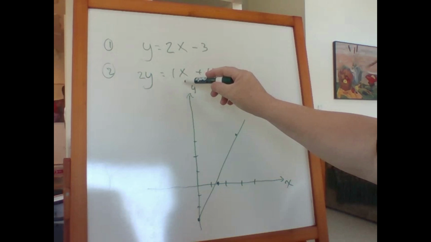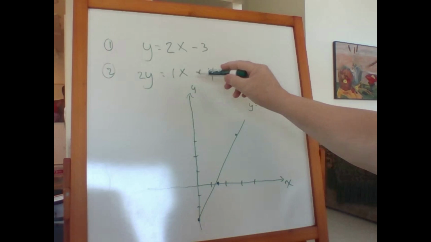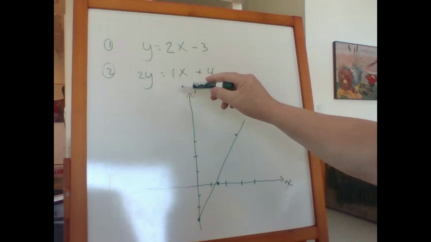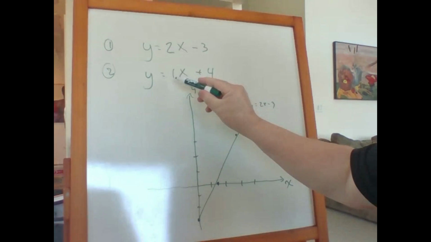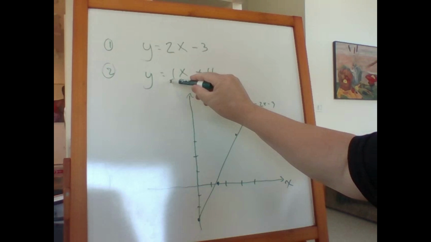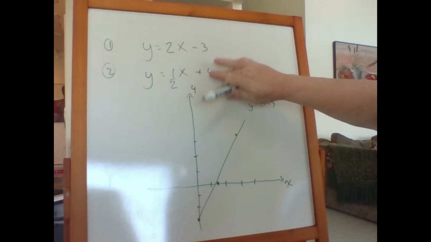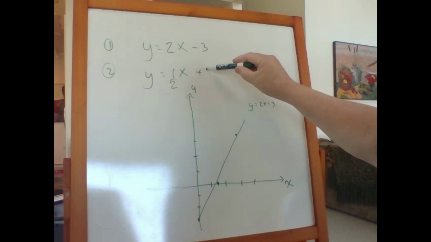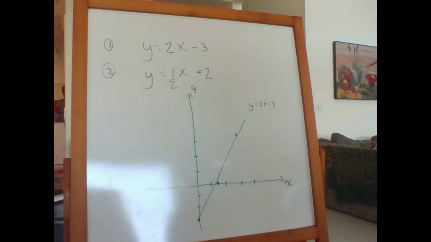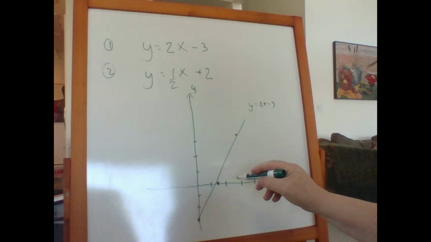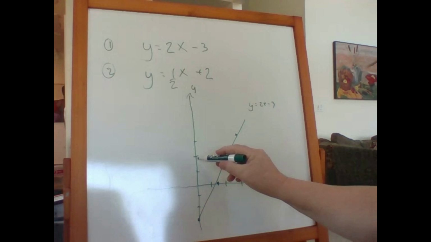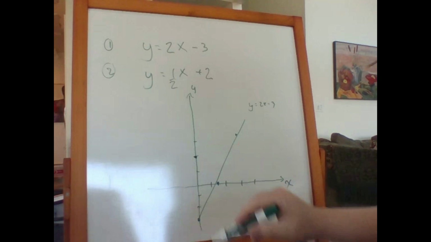In this case, we'll divide through by 2. So we have 1/2, and this would be 2. And so when x is 0, y is 2. So x is 0 and y is 2.